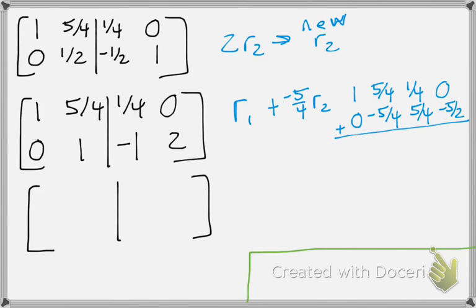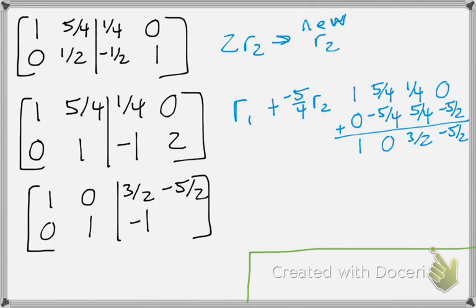Add these up, and I get 1, 0, 3/2, and -5/2. So if I copy that here, this will be 1, 0, 0, 1, 3/2, -5/2, -1, and 2.